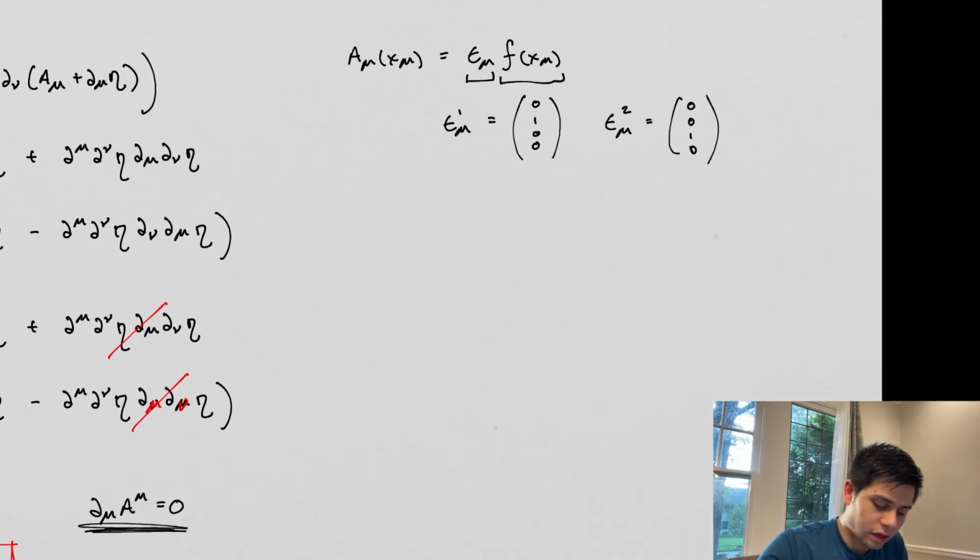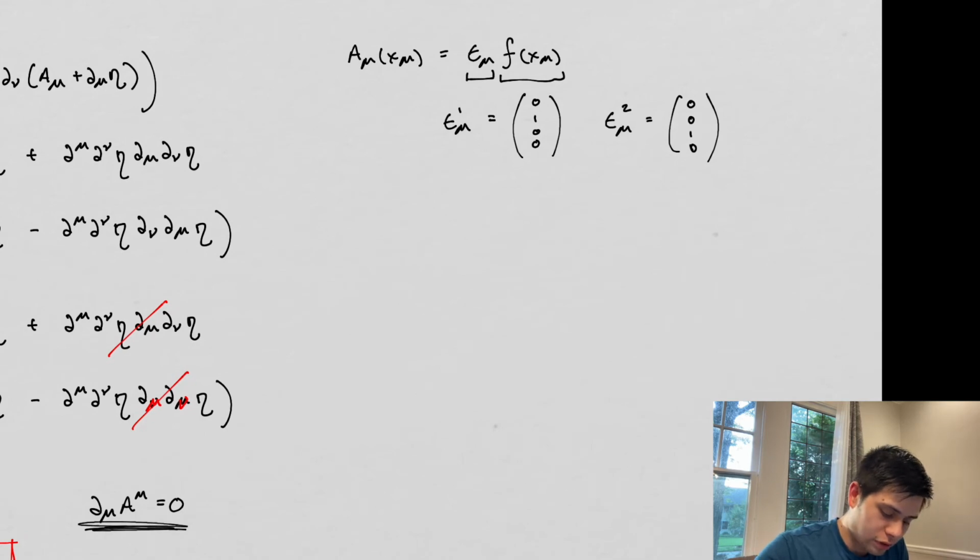We have another internal structure to our space-time that the book calls EL. This is the longitudinal polarization vector. And this is a vector, and you can find out for yourself that it looks like this.